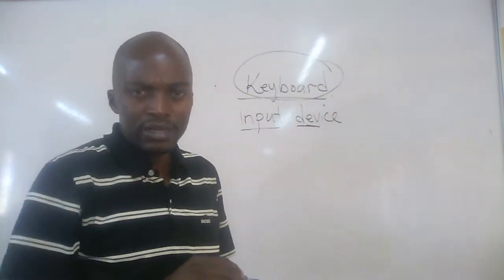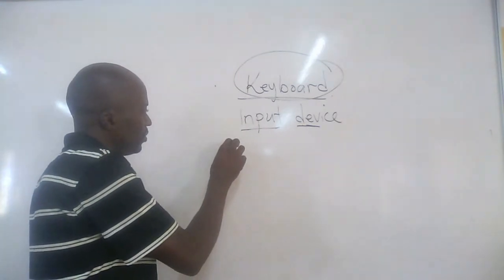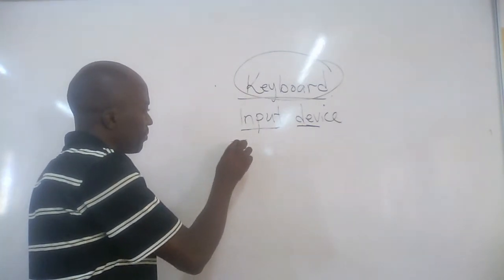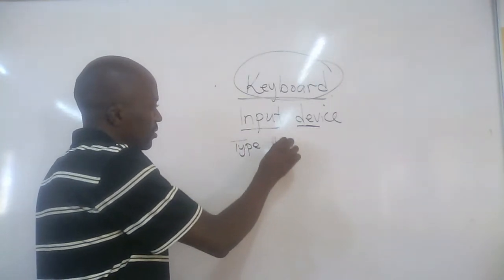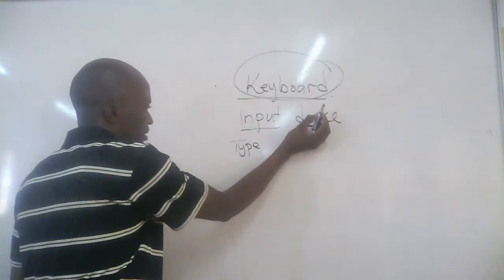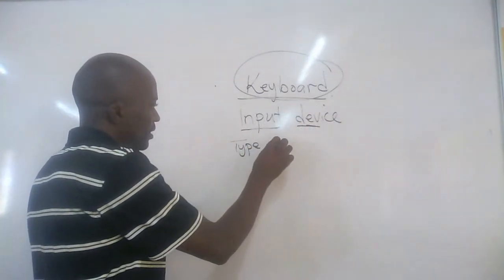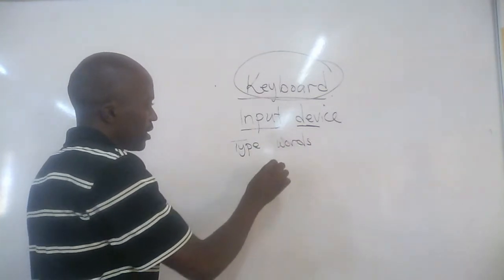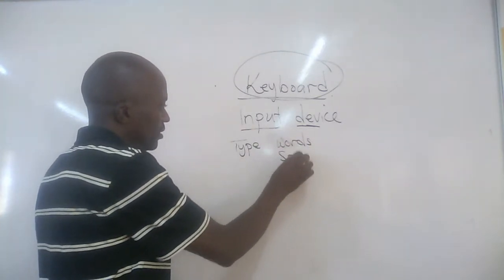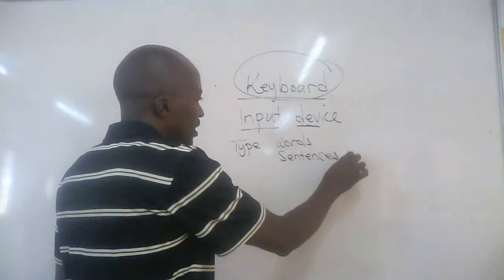Why is it called an input device? It's because, one, we use it to type. Type things, not things, things is a wrong word. I will say to type words, sentences, in the computer.